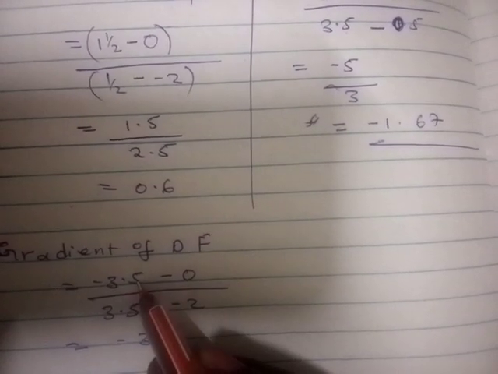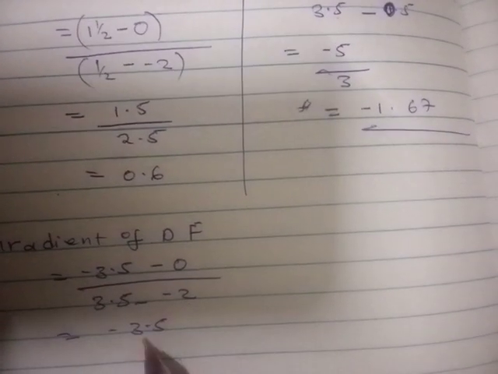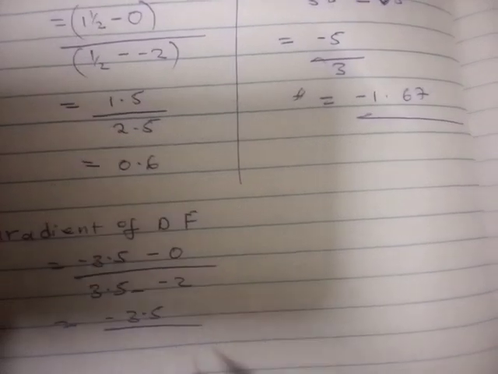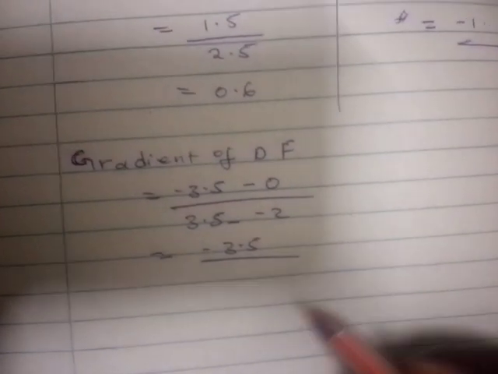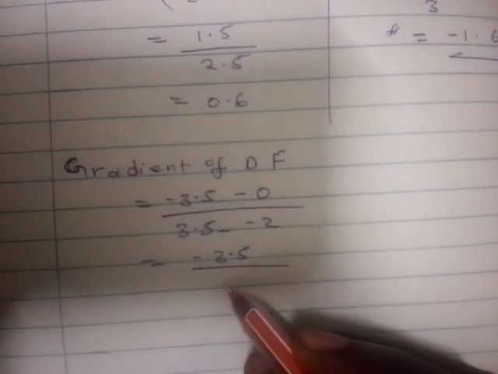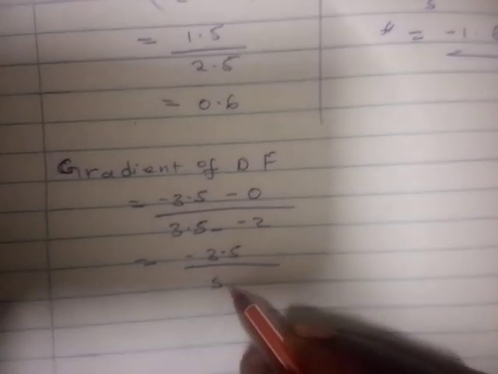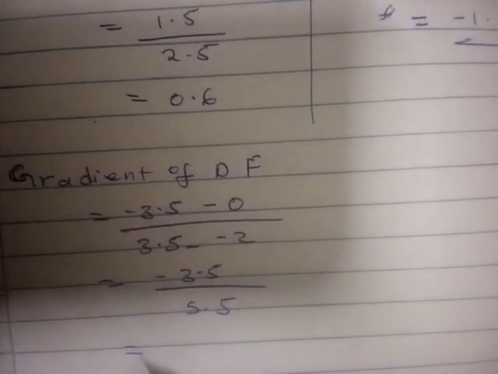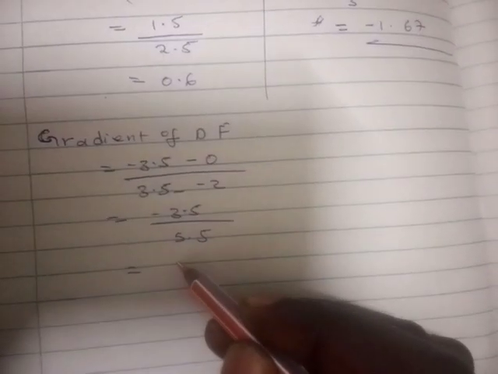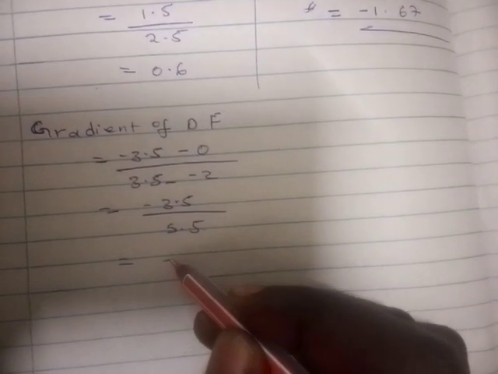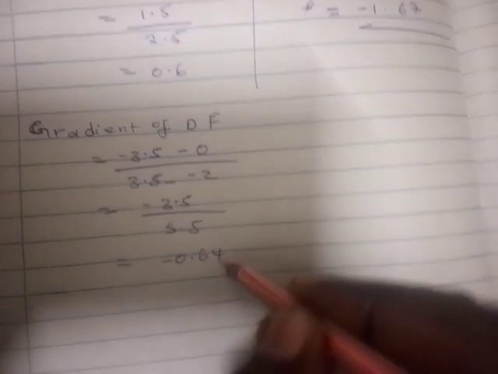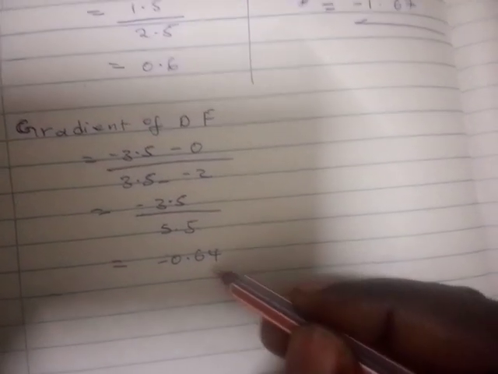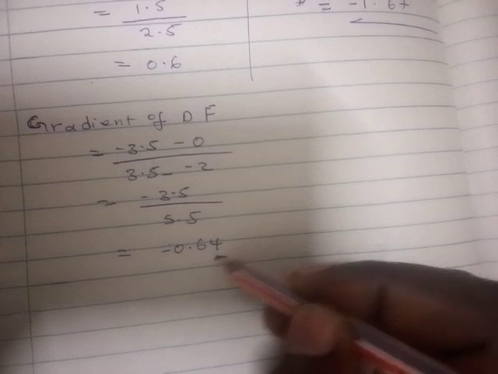Of course, minus 3.5 minus 0, you get minus 3.5 out of 3.5 plus 2, which gives you 5.5. Then what is the answer? So this one will be giving us something like negative 0.64 when you round off to 2 decimal places here.